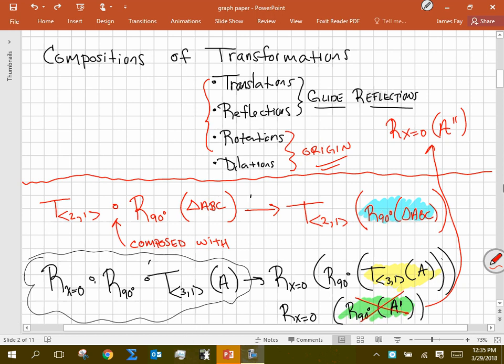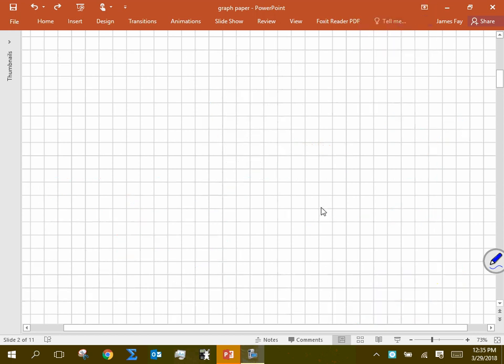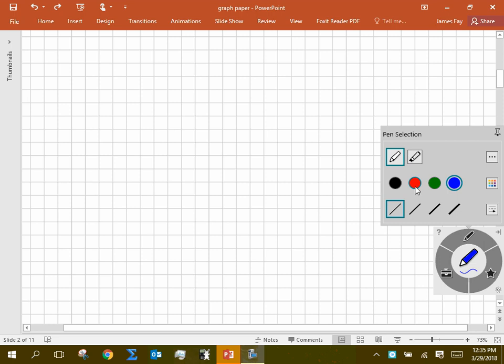That becomes problematic if you think about it that way in Algebra 2, because in Algebra 2 you're going to talk about functions. For instance, you're going to have something that looks like f composed with g of x, where f might be a function like 2x plus 1, and g might be a function like x squared.